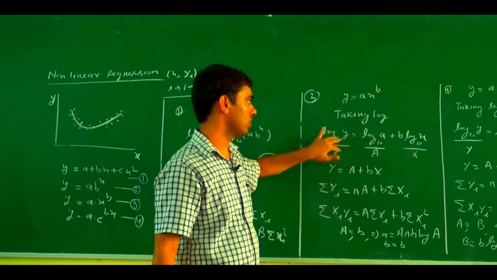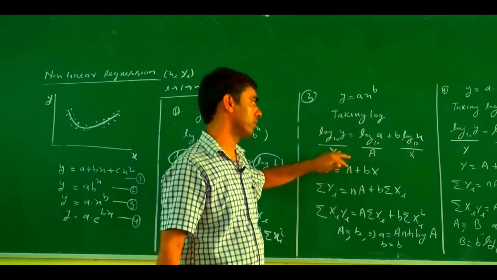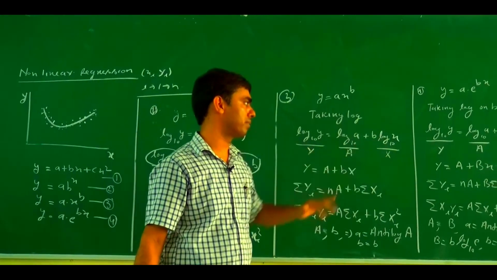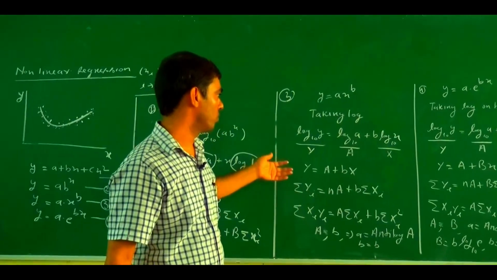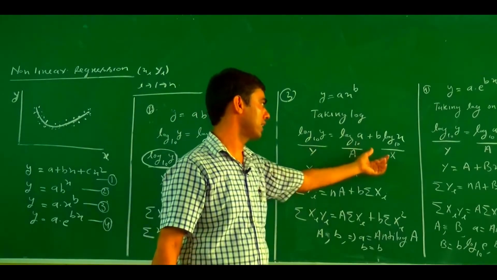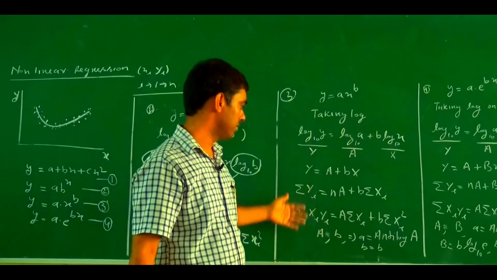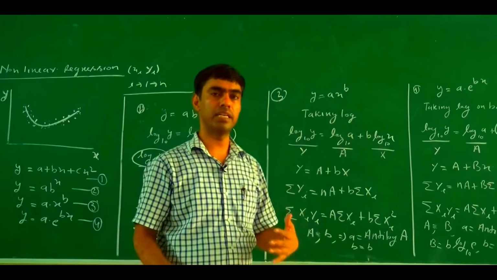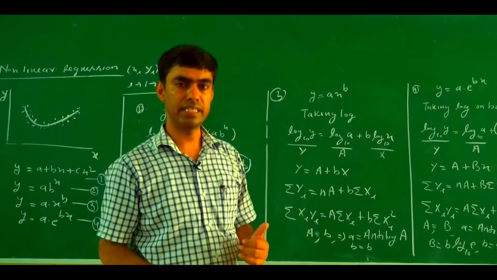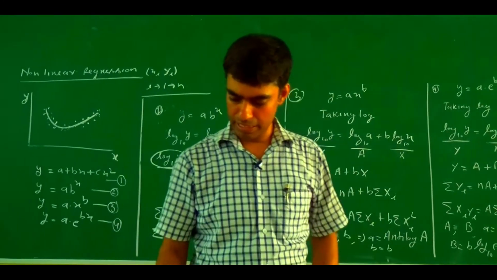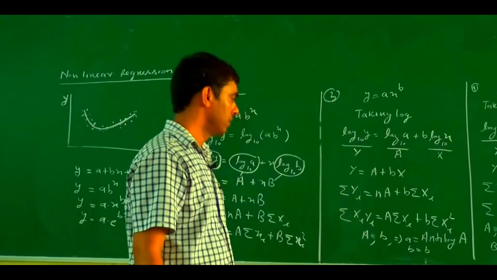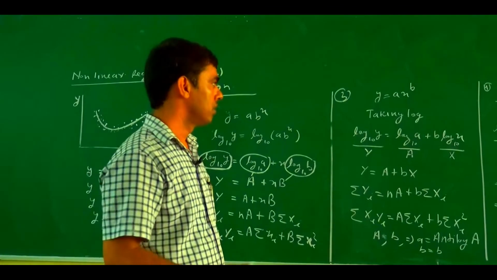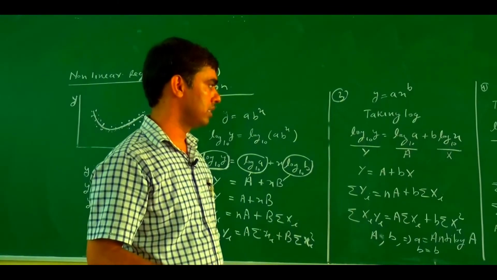Once we take the log of small y, we find capital Y. Once we take the log of small x from the given data, we find capital X. Then we write the normal equations, find capital A, small b and capital B, and taking the antilog, we find the actual values of a and b, small a, small b, and whatever values are required.